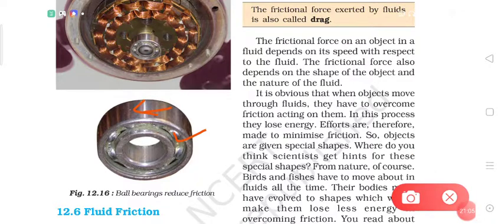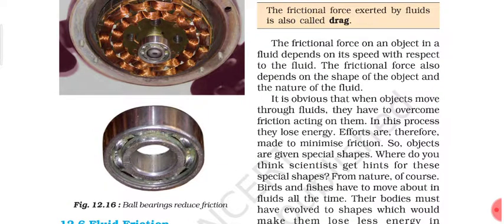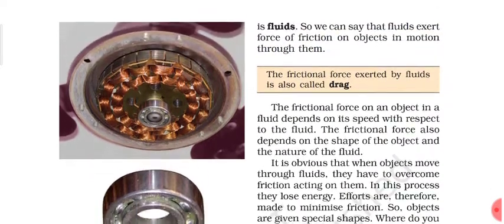One surface is rolling over the other surface because of these little balls, right? Suppose this is the axle and this is the hub. When you are using a ball bearing, you are actually replacing the sliding friction by rolling friction, and you are decreasing the force of friction.